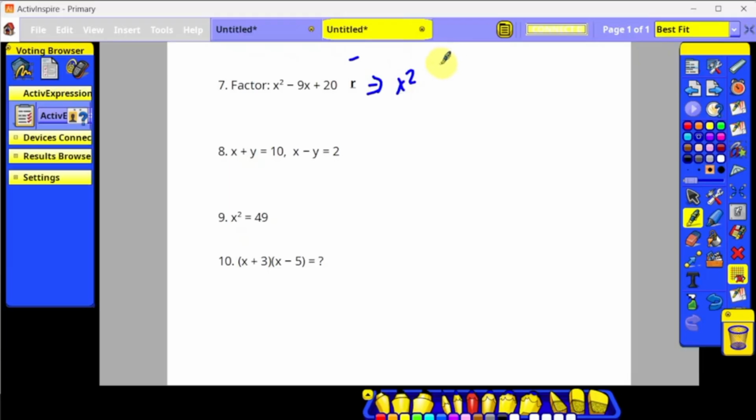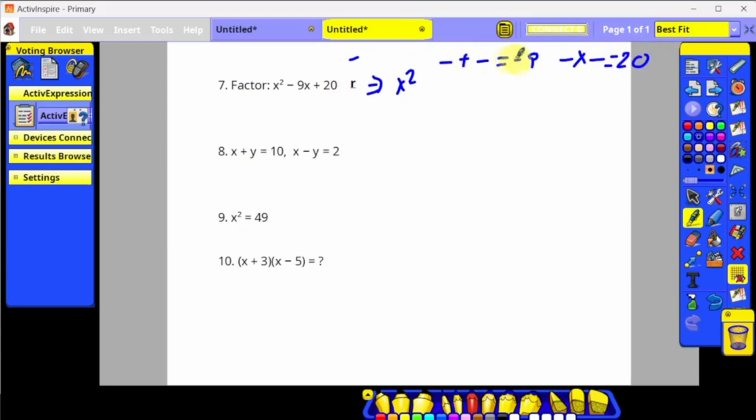Find two numbers. First find two numbers whose sum is the middle term, that is dash plus dash equal to minus 9, and dash times dash is equal to a times c. A is 1, the coefficient of x squared, and c is 20, the constant term, so 1 times 20, 20.